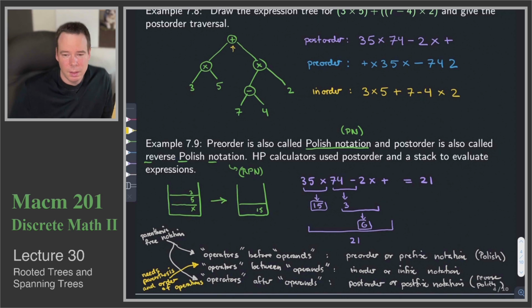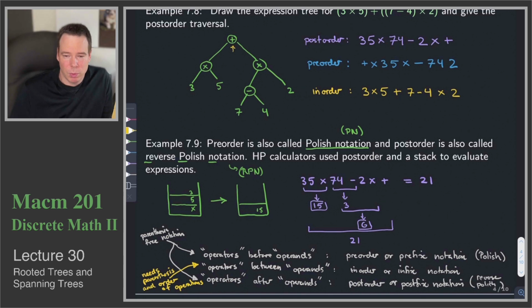So things like, if it's unclear because parentheses aren't telling you to do one thing over the other, then do the multiplication and division before you do the addition and subtraction. So that's what we mean by order of operations. The order of operations that you probably learned in elementary school for which expressions to evaluate first in a longer expression. That's only required in our infix notation. In preorder or postorder notation, we don't need parentheses and we don't need an order of operations. We just proceed from left to right and do the expressions as we encounter them.